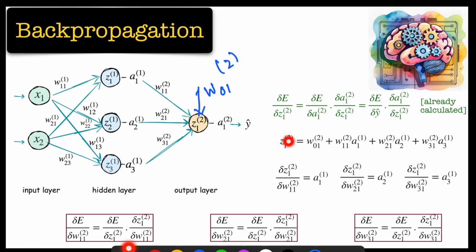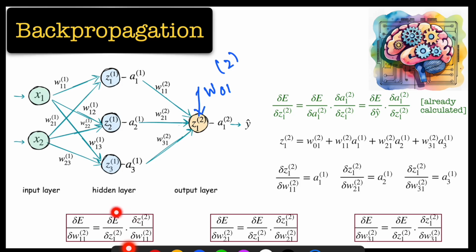Now what is del Z12 del W112? W112 appears only here, right? So del Z12 del W112 will be A11. So what is del E del W112? That will be del E del Z12 times del Z12 del W112. Del E del Z12 you already calculated here, and del Z12 del W112 we just calculated here.